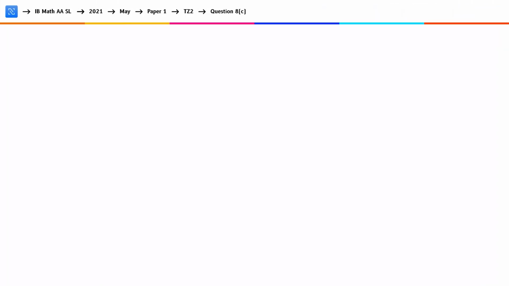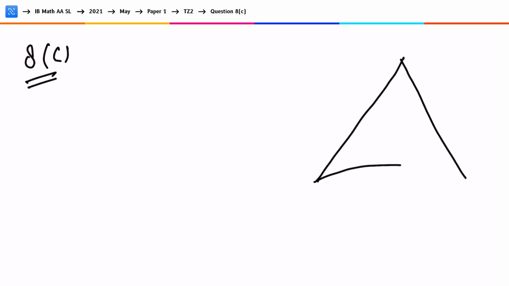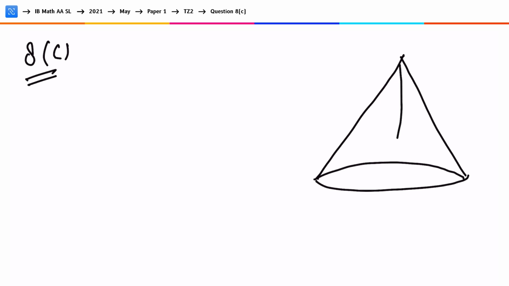We are working on question number 8, part C. In this problem, we have a diagram of a cone. Here h represents the height, L represents the slant height, and the radius is given as 2.